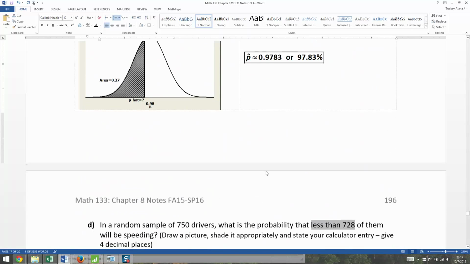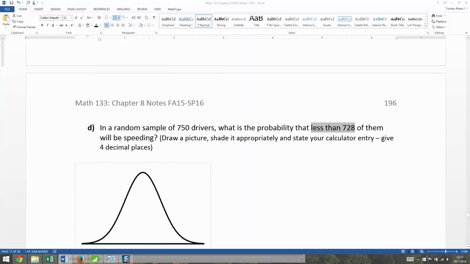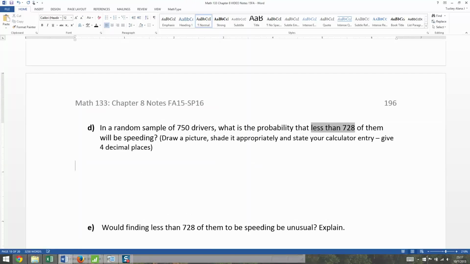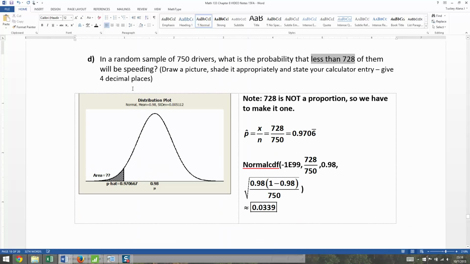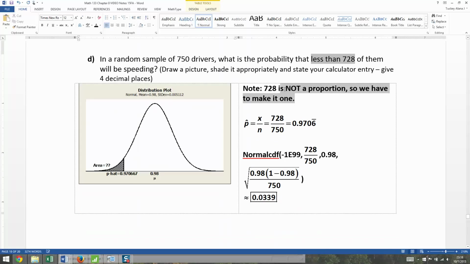So you're going to have to come up with a proportion on your own, right? But luckily we know the formula for that. p hat is x over n. So we're going to use that formula right here. So 728 is not a proportion, not a percent. Percent, proportion, whatever you want to say.